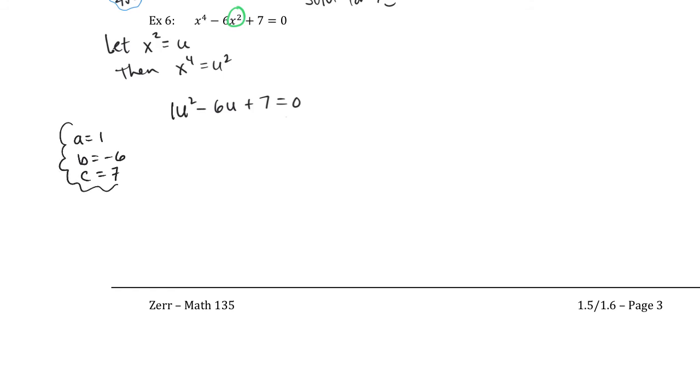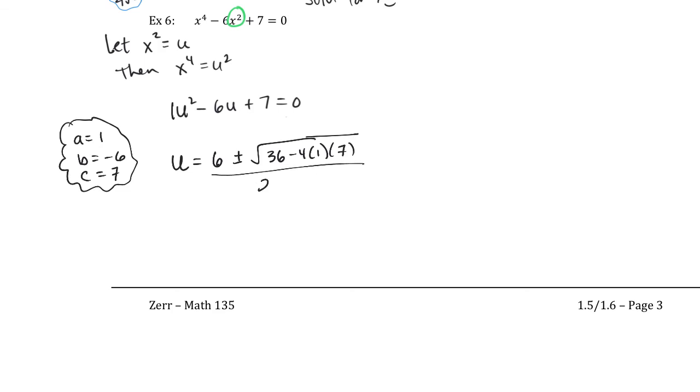All right, so plugging those in using the quadratic formula, we have u is equal to, let's see, opposite of b, so it's a +6 plus or minus the square root of b squared, so that's -6 squared is 36, minus 4 times a times c, so minus 4 times 1 times 7, all over 2 times a, so 2 times 1.